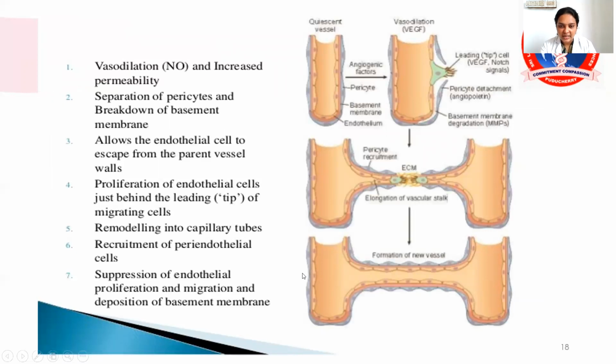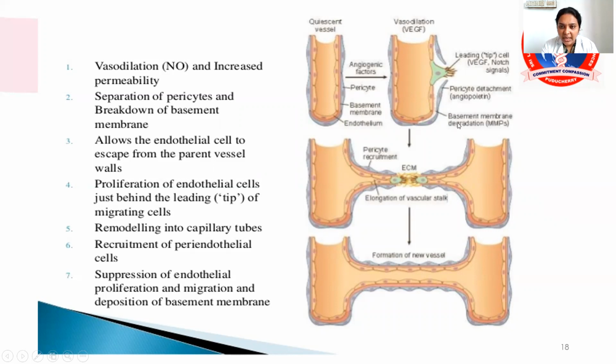So these are the stages in which angiogenesis occurs. See, first vasodilation occurs in response to nitric oxide and increased vascular permeability in response to VEGF, that is vascular endothelial growth factor. So this is the quiescent vessel, which on exposure to angiogenic factors will show vasodilation in response to nitric oxide and increased permeability in response to VEGF, followed by which the pericytes will get detached or separated, followed by basement membrane degradation.